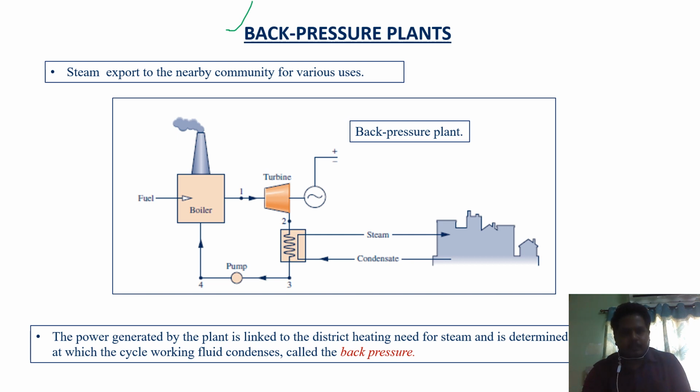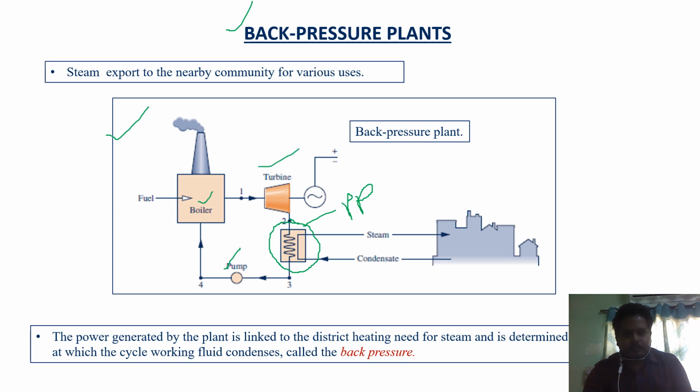Now let us see the schematic diagram of the back pressure plant. It is almost like a simple Rankine cycle. The main difference is in the process 2 to 3, the condenser is replaced with the process plant. The remaining parts are the same. It has boiler, pump, and turbine.